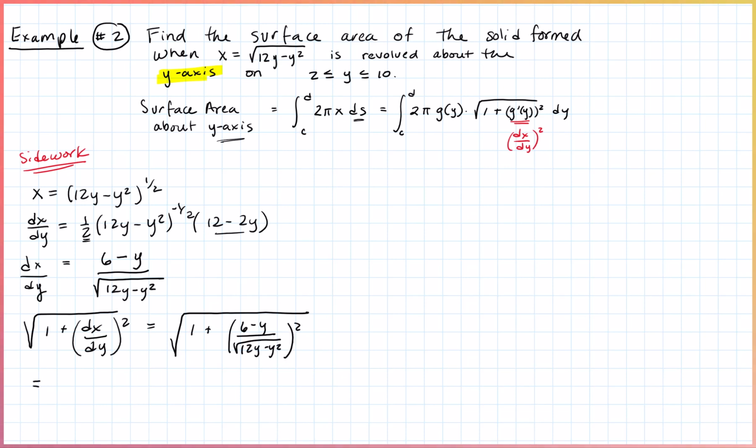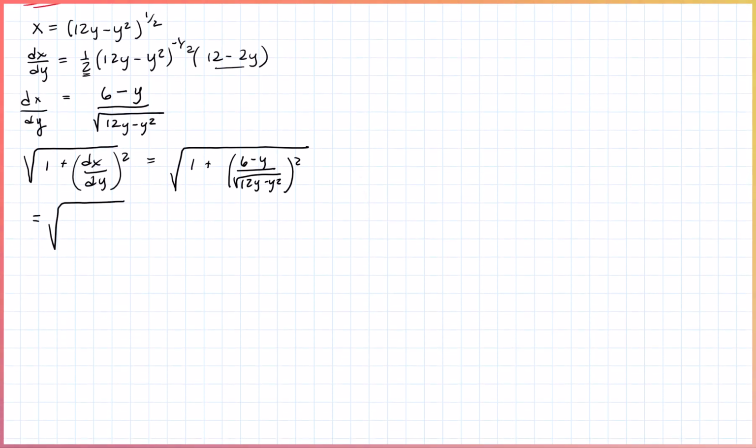So when I square that, let's move this up to the top of the screen. When I square that, I'm going to get 1 plus the quantity 6 minus y squared, and in the bottom, 12y minus y squared, because the square root is going to be squared.